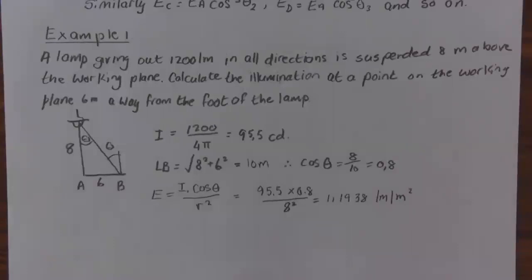Now, LB, using Pythagoras' theorem, is the square root of h squared plus 6 squared, which gives us 10 meters. And then cos theta is 8 over 10, which is 0.8. Therefore, E is I cos theta over R squared, which is 95.5 times 0.8 divided by 10 squared, which gives us 0.764 lumens per square meter.